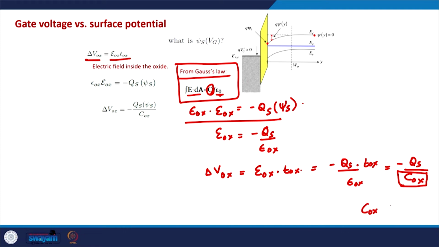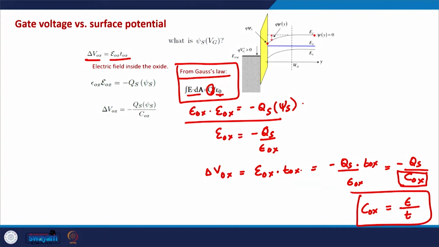The total capacitance is just the multiplication of area to this constant. But if we want to find the capacitance per unit area, it is just epsilon divided by T.